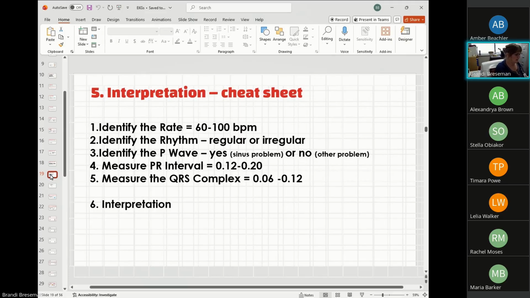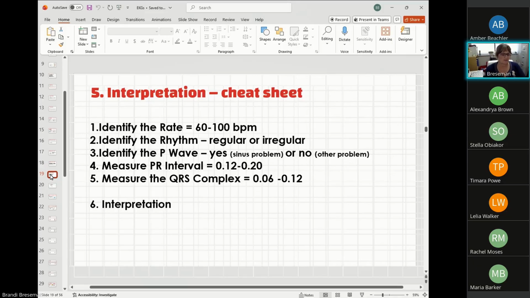On my flashcards, I had the rhythm, the name of the actual rhythm, the rate, and the rhythm if it was regular or irregular. I described what my P waves should look like, what my PR interval would be, what my QRS would be, and then underneath I put treatment.